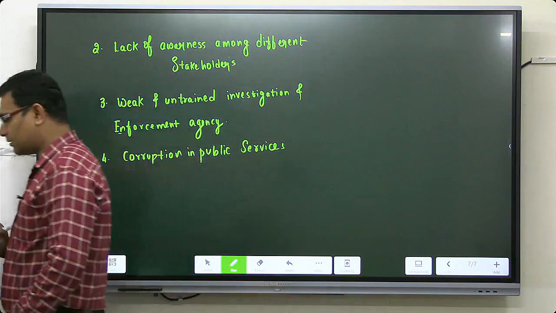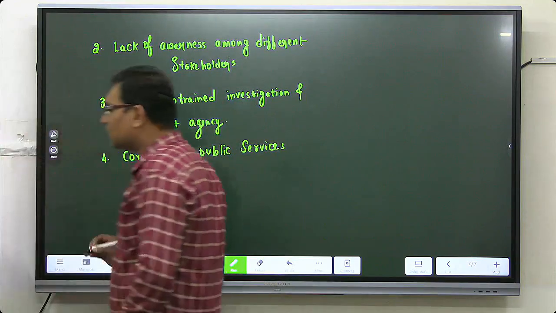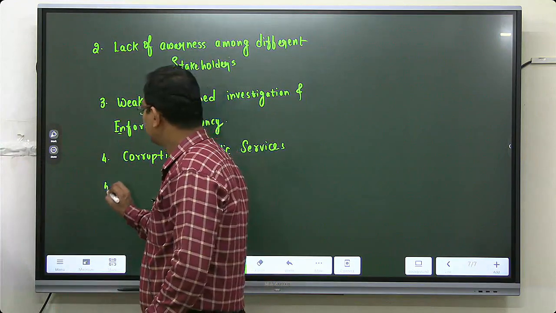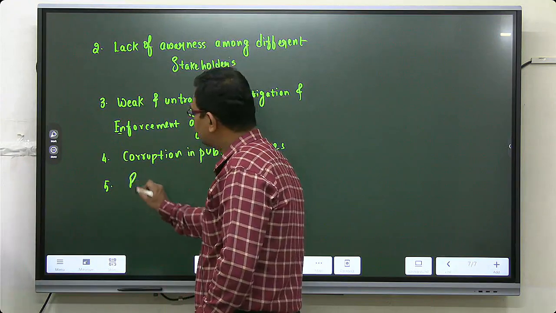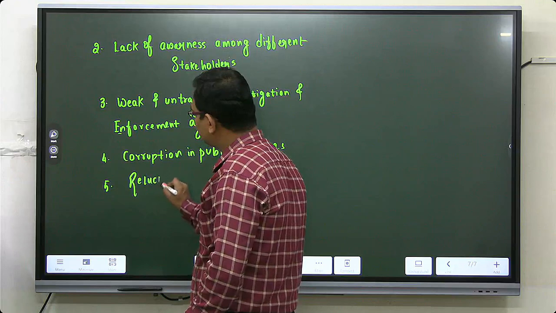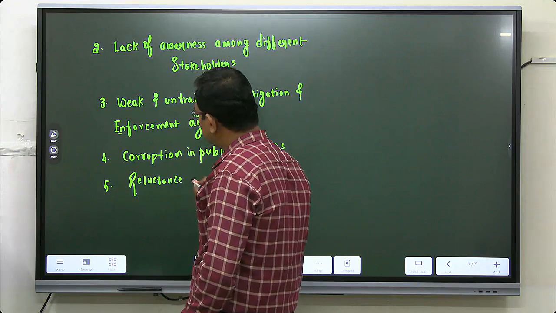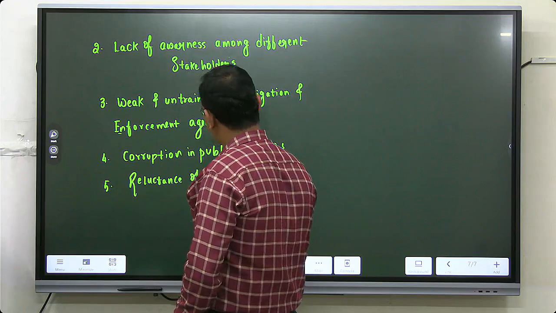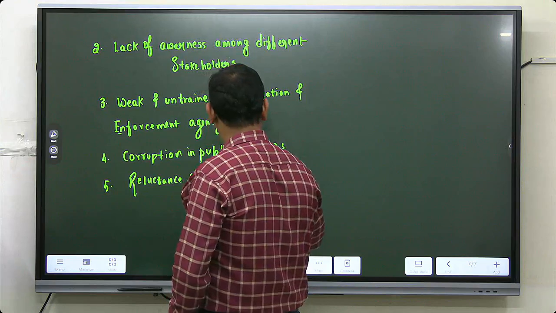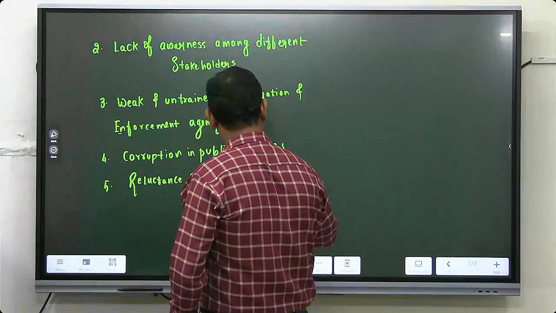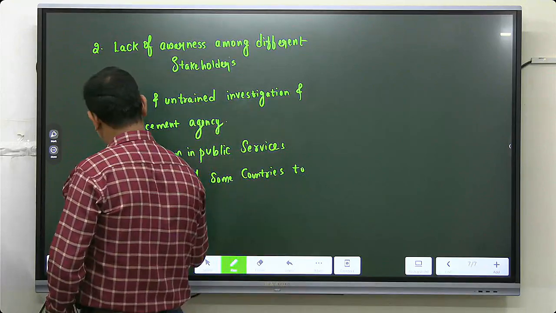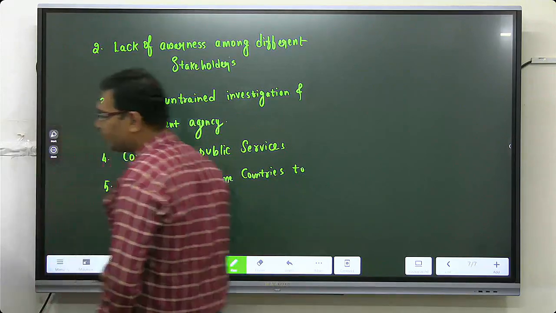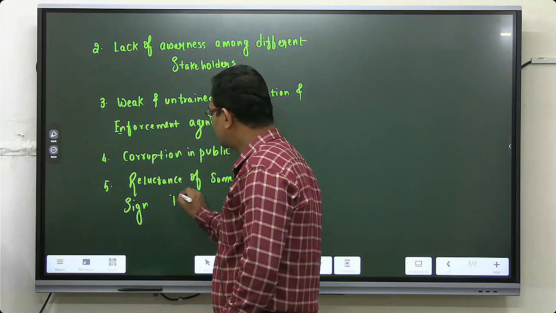Okay. Then also, fifth one, reluctance of some countries to sign tax information exchange agreement.